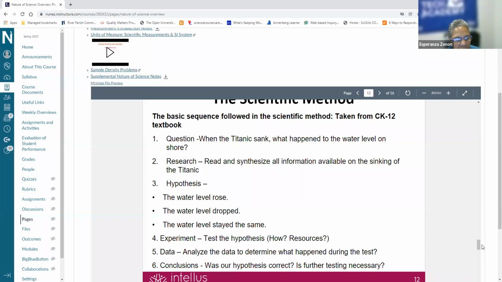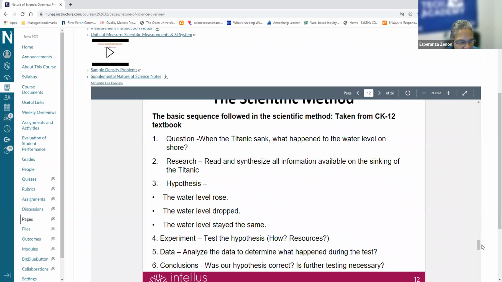And then they're going to test that hypothesis. Now, the important thing about testing the hypothesis, that experiment, is how you manage that experiment and the resources that you have available. Because if you set up a terrible experiment, then most likely you're going to get terrible results.